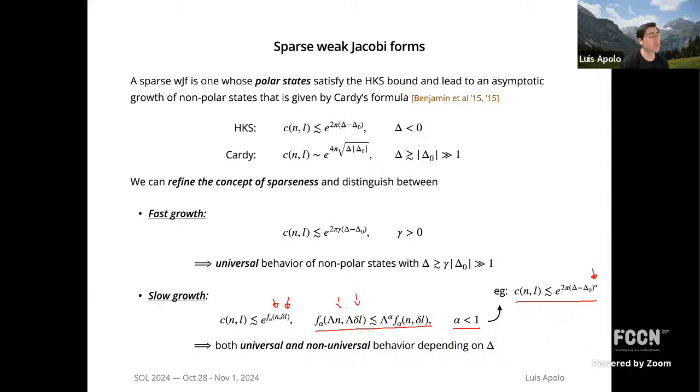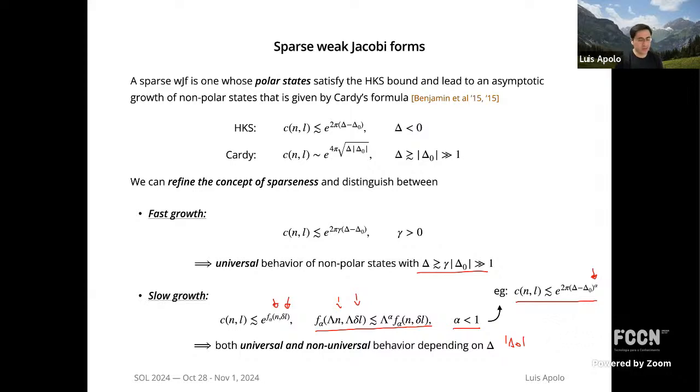So in the case of fast growth, the behavior of the nonpolar states is universal in this regime, whereas for slow growth, it turns out that there are both universal and non-universal behaviors, depending on how delta is related to delta naught, okay?